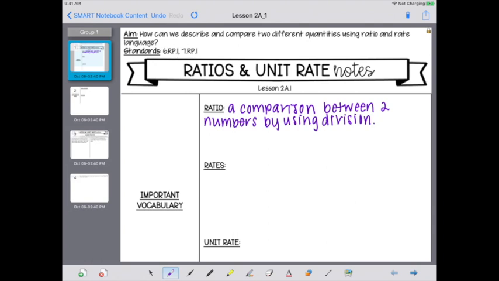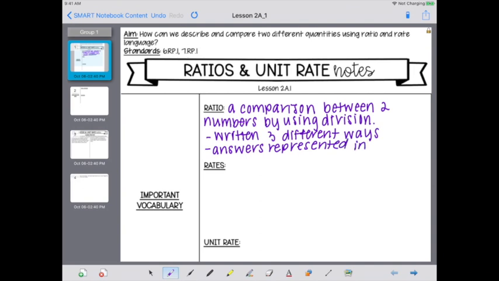It could be written 3 different ways. Answers are represented in the lowest terms. Lowest terms is also simplified.